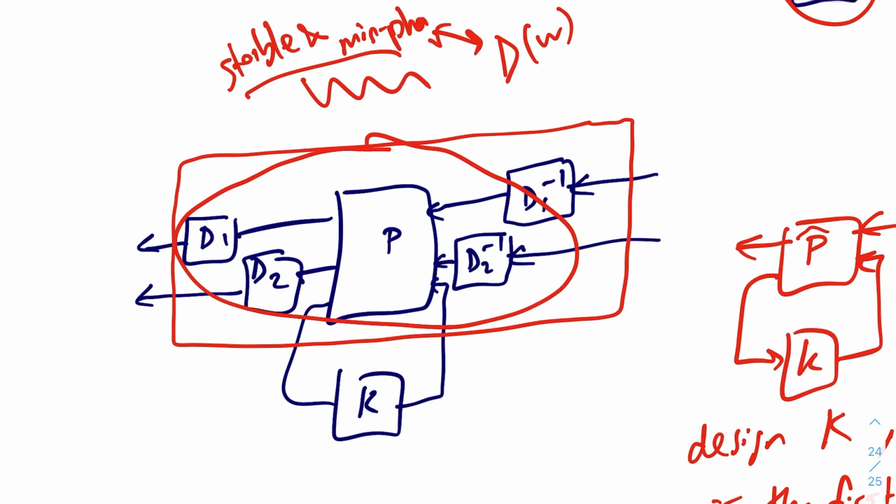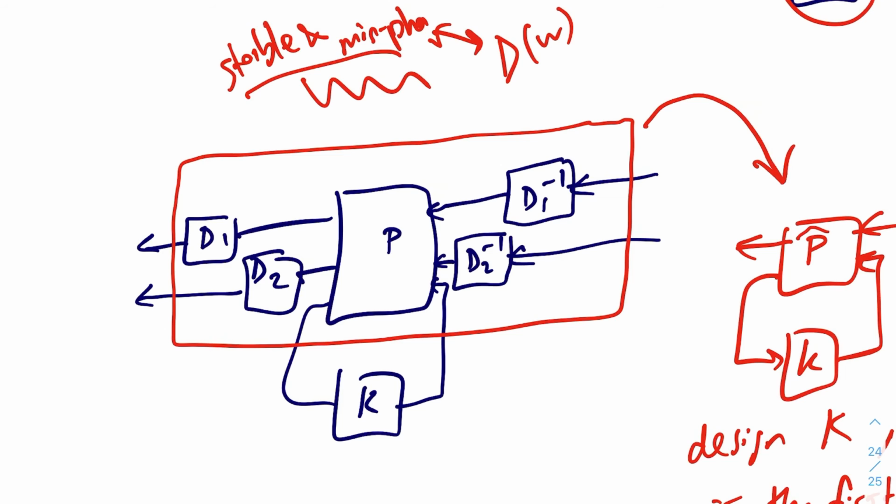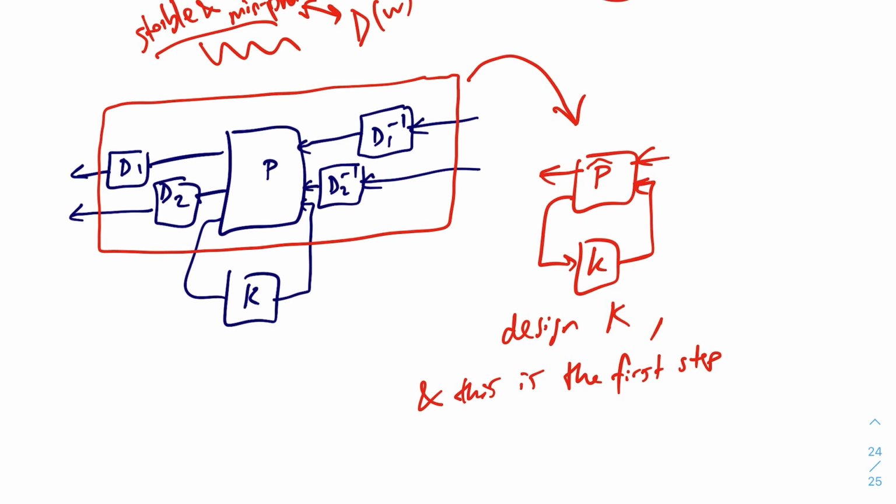And what we are trying to say is that we know all the blocks in this red rectangle, right? So it can be considered as one plant, and from here we can just focus on here, and we know P hat, I call it P hat. To this block I call it P hat. From here we transform this problem to that location, and this is the exact first part that we have solved, right?